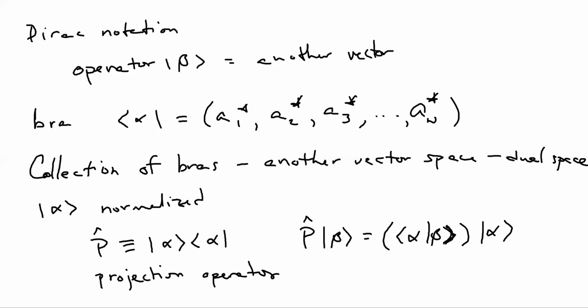So if you've got some basis vectors that are discrete and orthonormal, so we've got a whole set of these basis vectors, right? That's what we mean by this, a whole set of basis vectors that we've said are discrete and orthonormal.